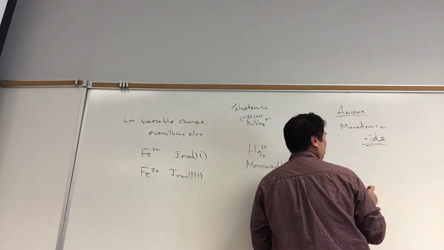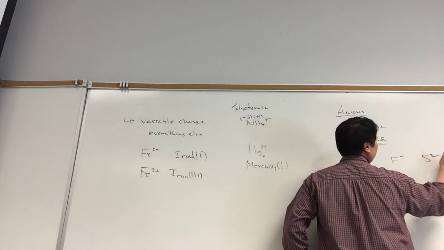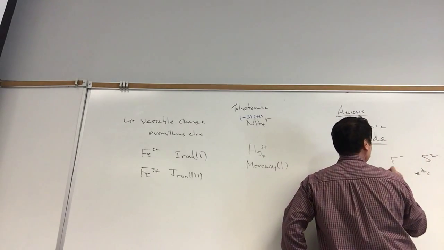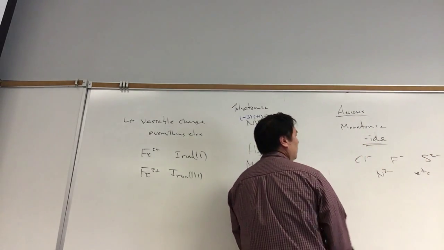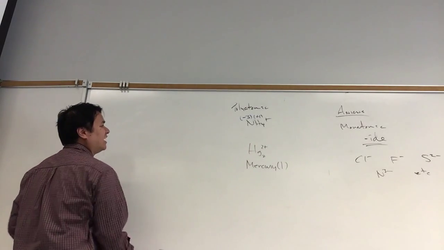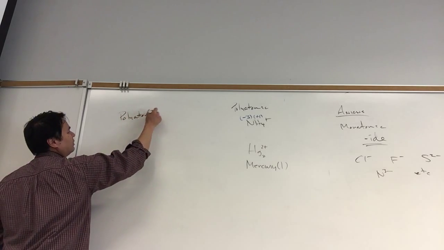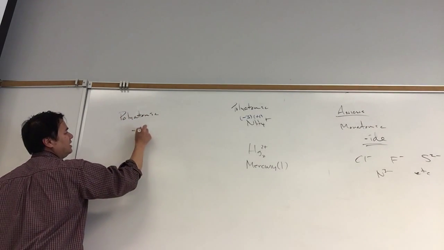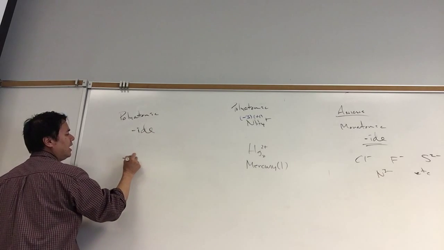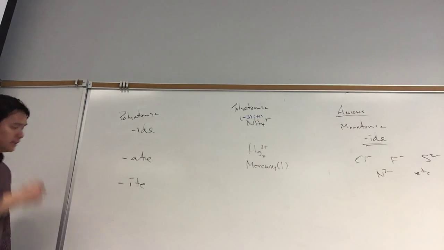And so we got chloride, fluoride, sulfide, etc. Nitride. And then we have polyatomic anions. Polyatomic has 3 endings. We have IDE, we have ATE, and we have ITE. Those are the 3 endings.